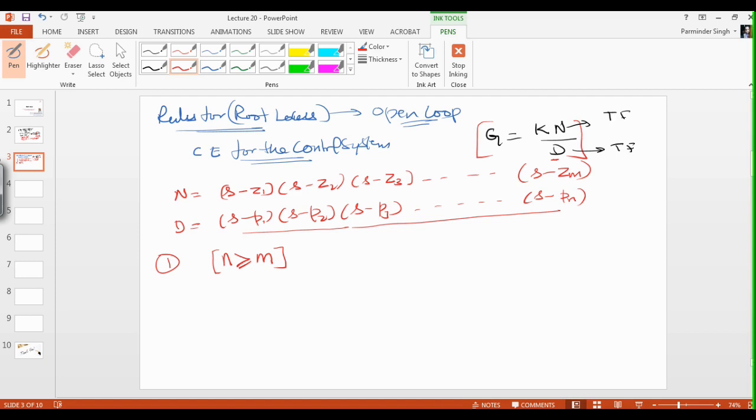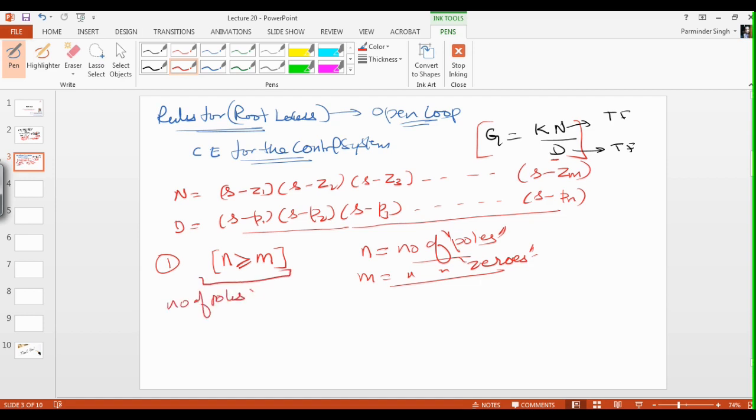Now what are n and m? n is the number of poles and m is the number of zeros. Over here in the denominator I have written p1, p2, p3; these are called poles. z1, z2, z3, the terms appearing in the numerator, are termed zeros. So root locus says the number of poles should be greater than or equal to the number of zeros. Root locus is always plotted for this case.